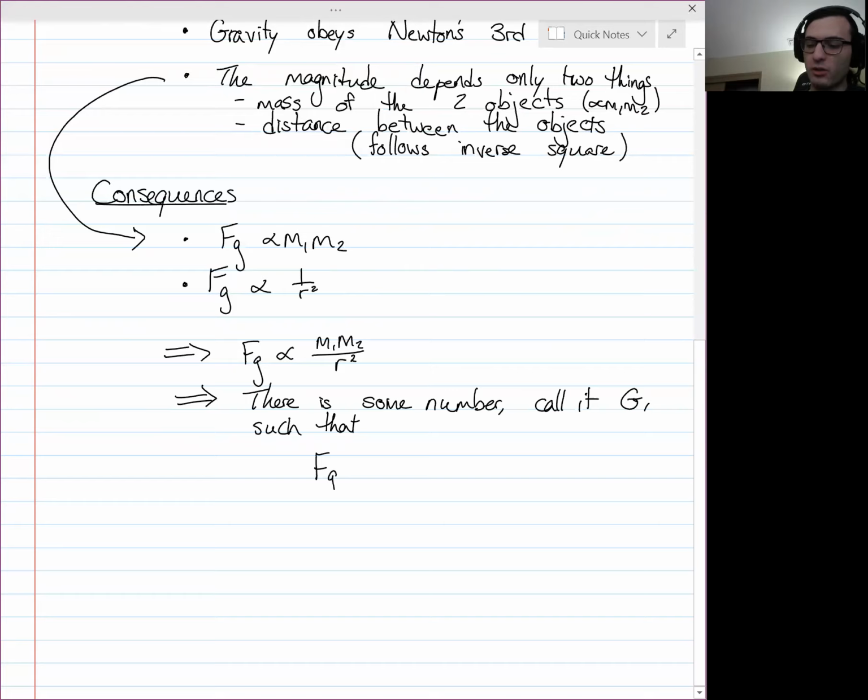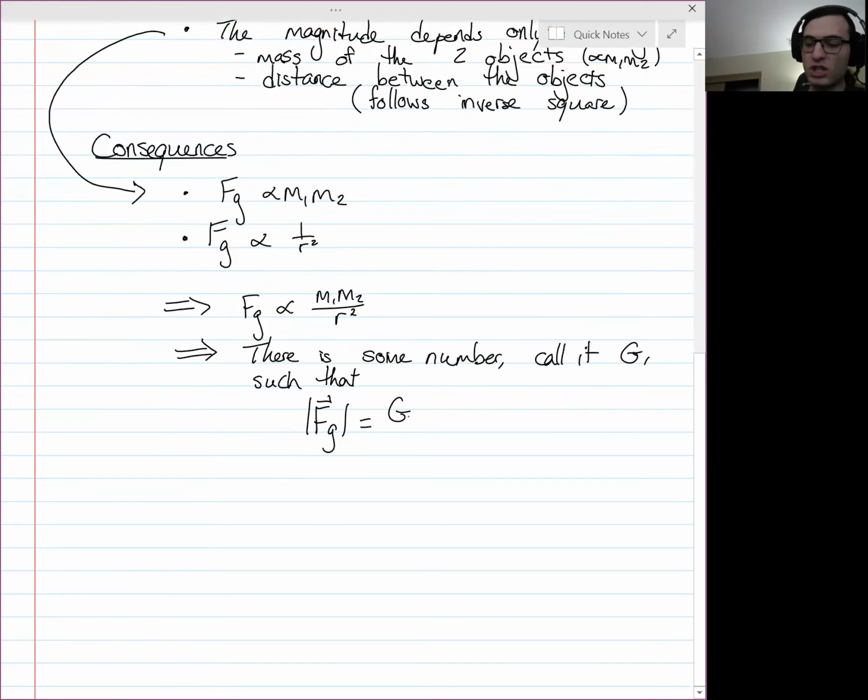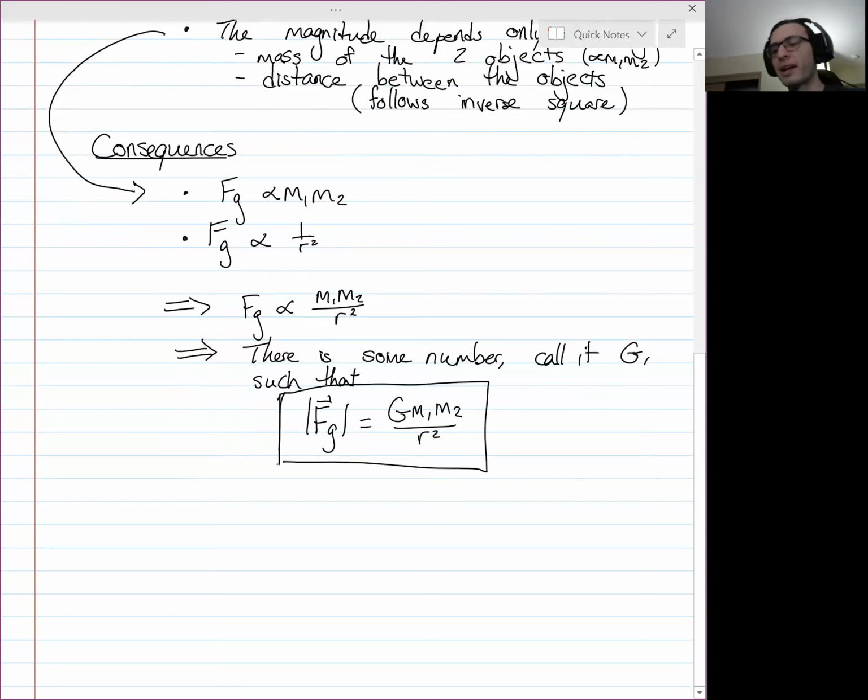The force of gravity, or the magnitude of the force of gravity anyway, is G times m1 m2 divided by r squared. So this is the formula for the magnitude of the gravitational force according to Newton.